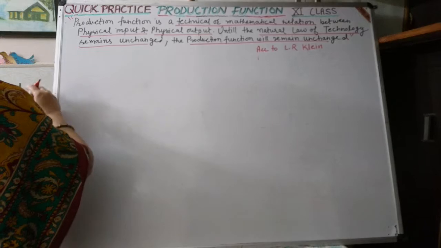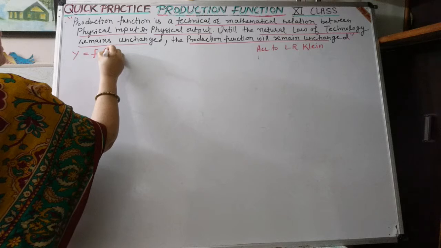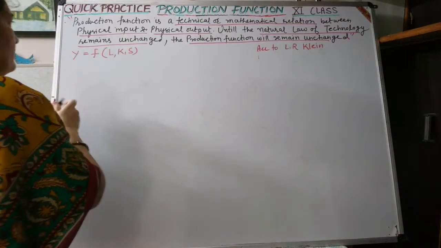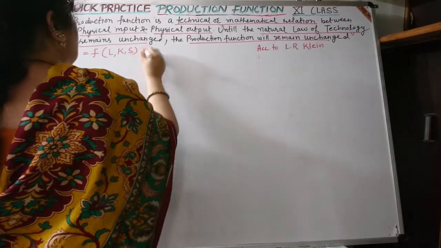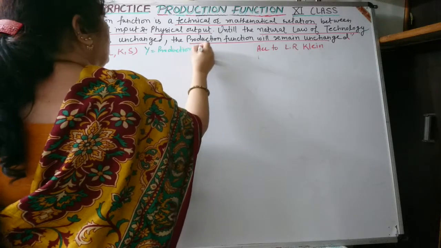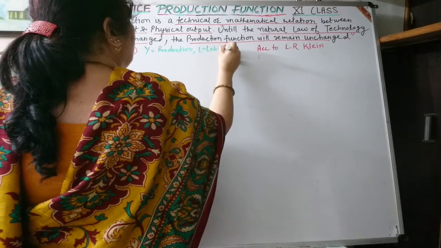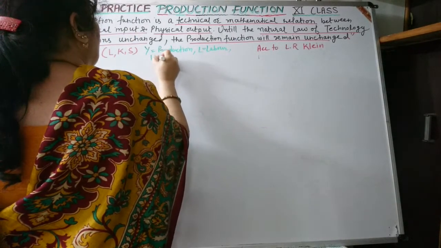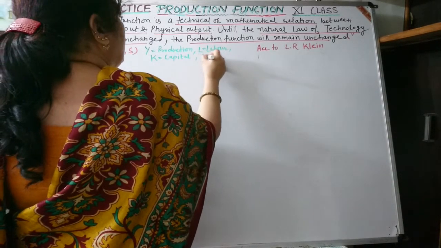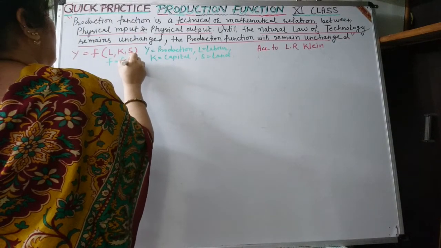So the expression of production is Y is a function of L, K, S. Y represents production, L represents labor, K is equal to capital, S is equal to land, and F stands for function.